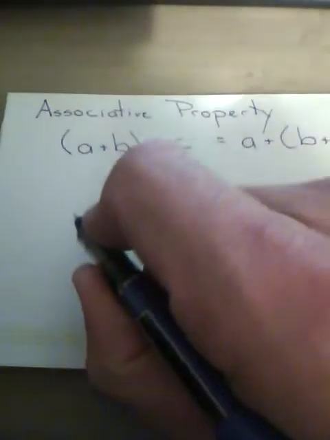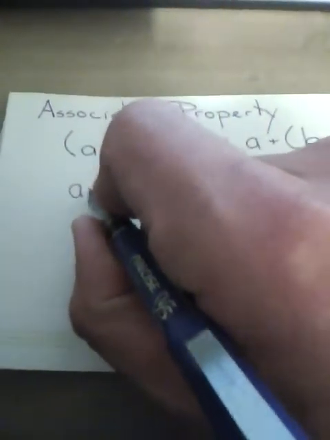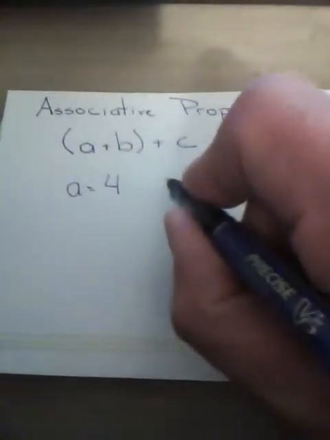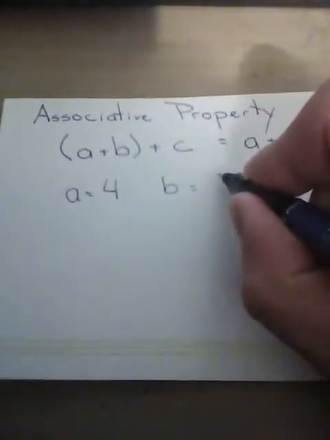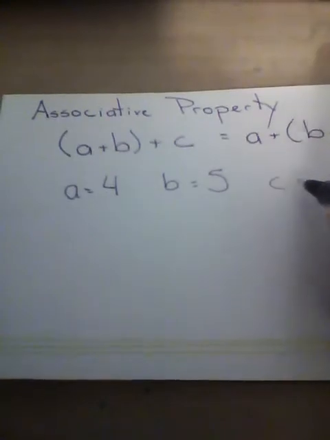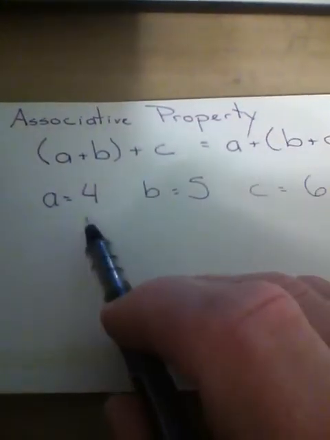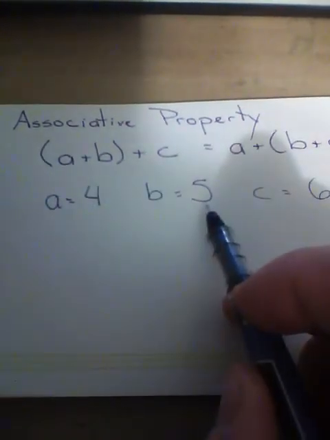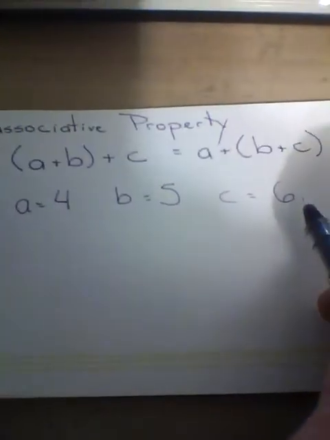You don't do that. So for instance, if I were to say that A is equal to 4, B is equal to 5, C is equal to 6, I will just now substitute wherever I see an A, a 4. Wherever I see a B, I'll put a 5 in it. Wherever I see a C, I'll put a 6.